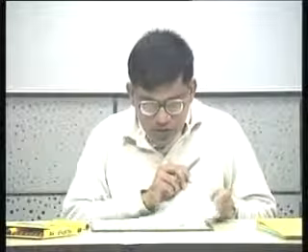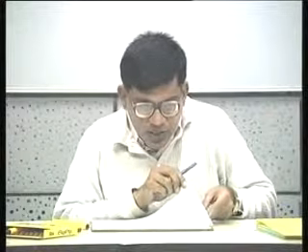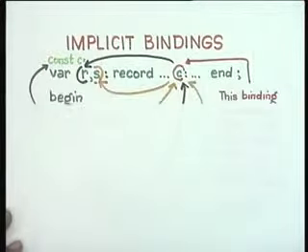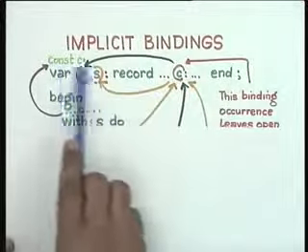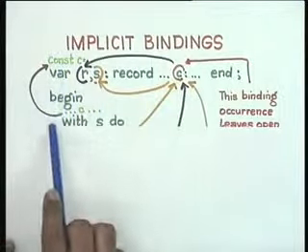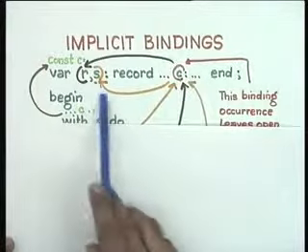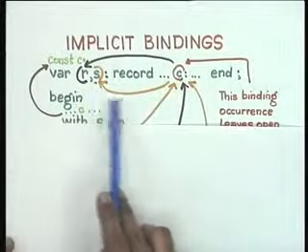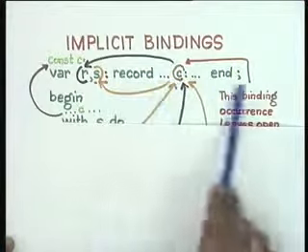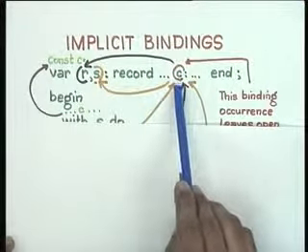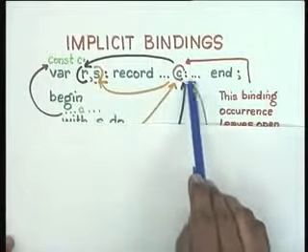There are of course certain special kinds of bindings which are implicit. For example, this constant declaration is not really intended to be in this scope, it could be in some outer scope. You could have two records R and S in a Pascal-like language defined this way. So this C is a component of this record declaration which has some type.